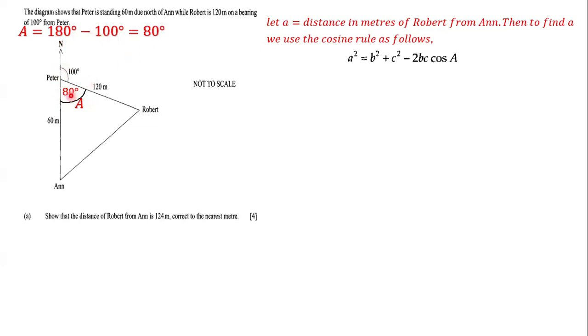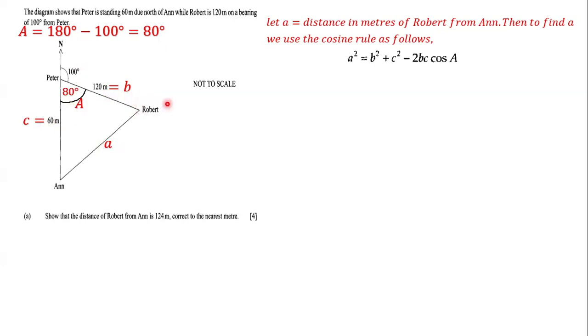The side that is opposite capital A is small a, that's the missing side. And the other sides are b and c. So b is 120 meters and c is 60 meters.